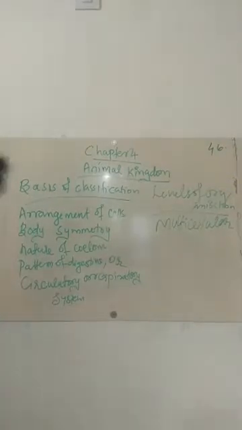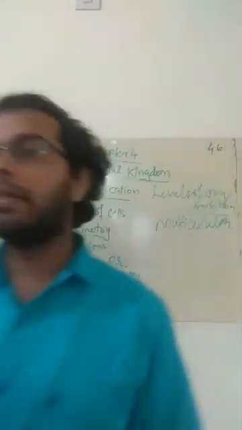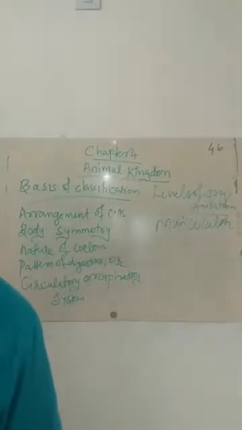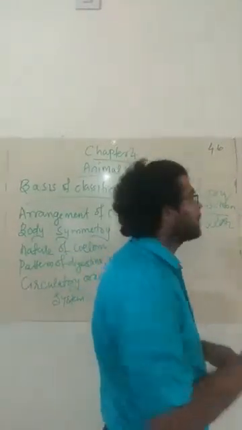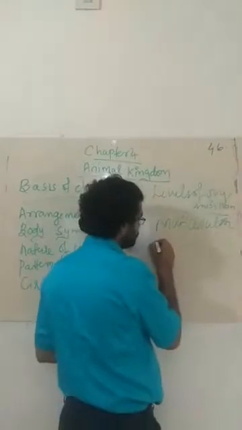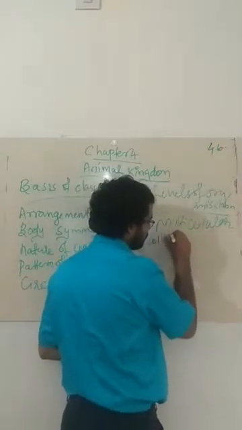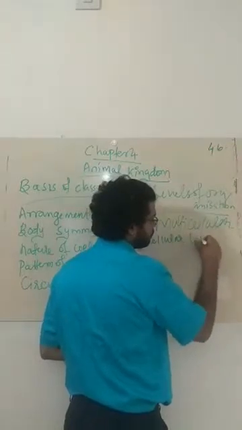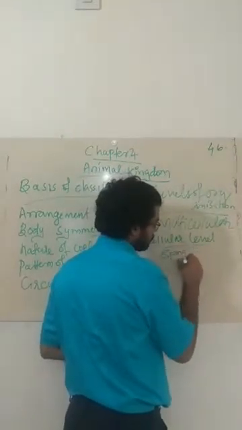So what we have said is that all members of Animalia are multicellular, but all of them do not exhibit the same pattern of organization of cells. For example, in sponges the cells are arranged as loose cell aggregates. It means cellular level, that is sponges.